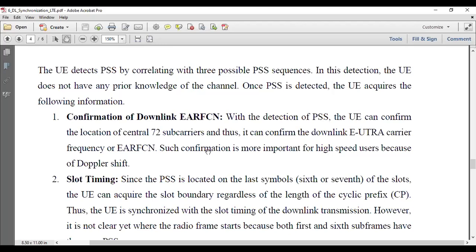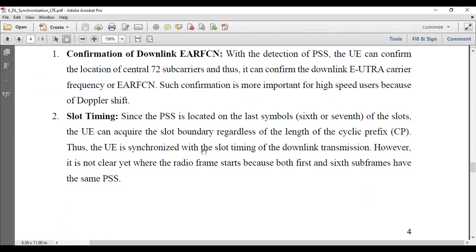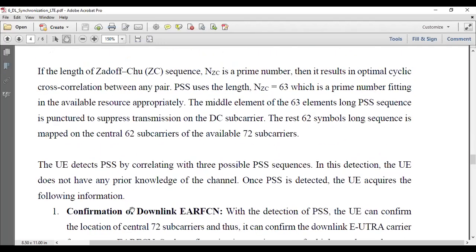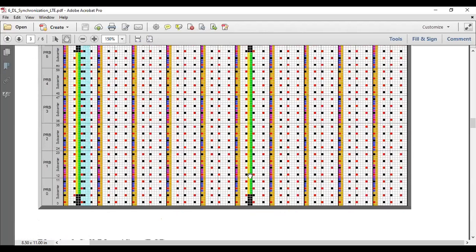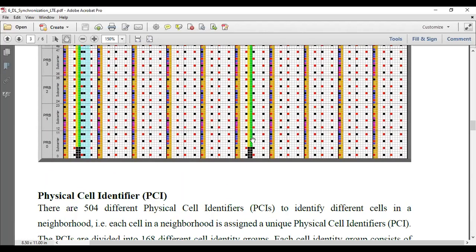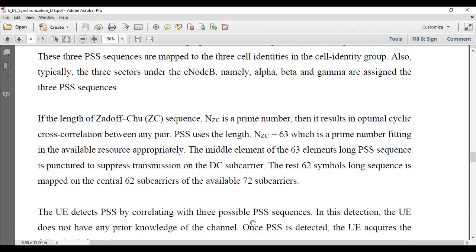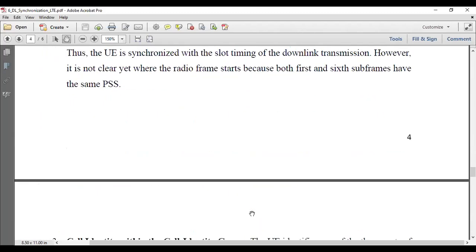Although you have a number of subcarriers, the center one is called EARFCN. So the center ones are all numbered, and again you have different numbers. Then you have come to know the slot timing, and actually the radio frame timing is also known. You know where the slot ends.